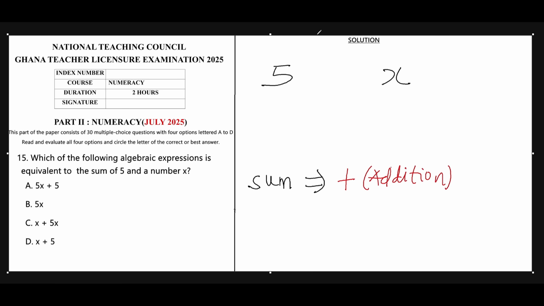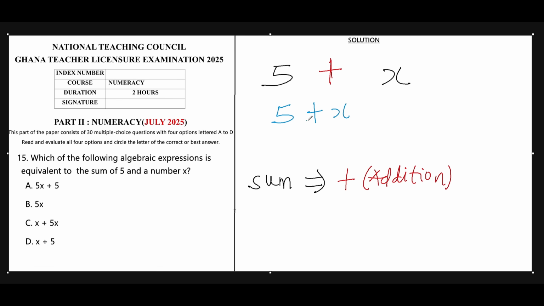And since we are adding 5 and x, again in algebra, 5 plus x is 5 plus x. So from the alternatives, let's see whether we can find 5 plus x. In the alternatives, there is nothing like 5 plus x.